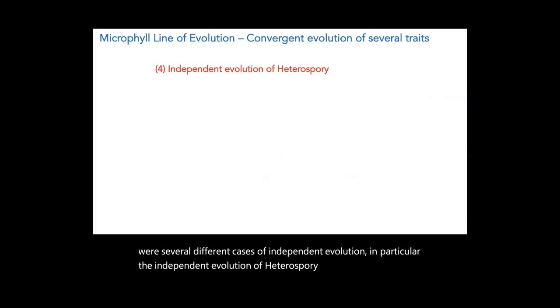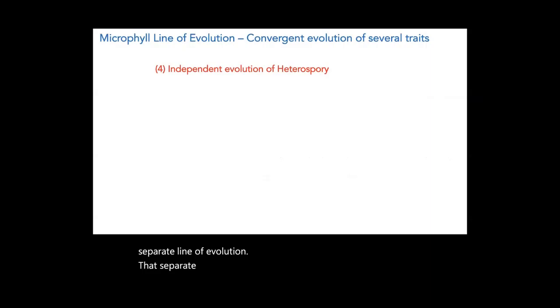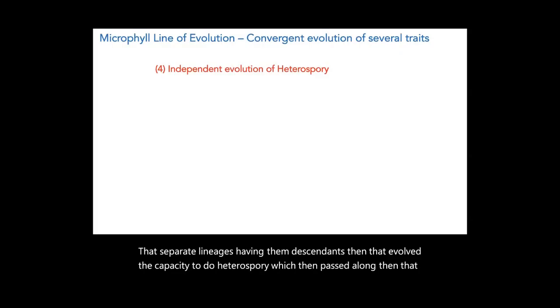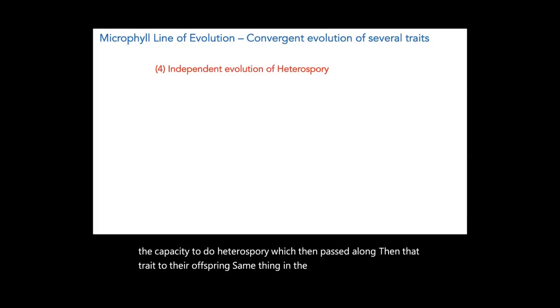So we see within the microphylls, within that separate line of evolution, that separate lineage, descendants that evolved the capacity to do heterospory, which then passed along that trait to their offspring. Same thing in the megaphylls. We see the evolution of heterospory, and then those gave rise to descendants and passed along that trait.